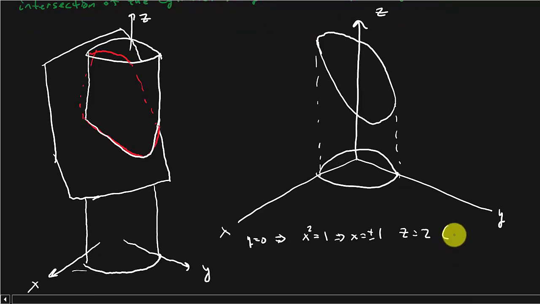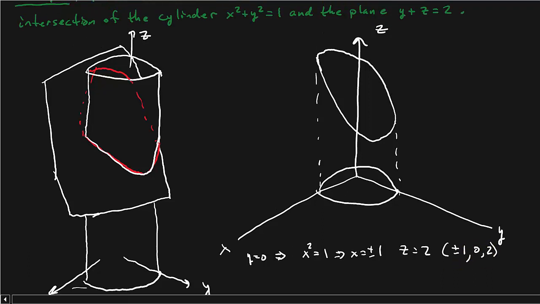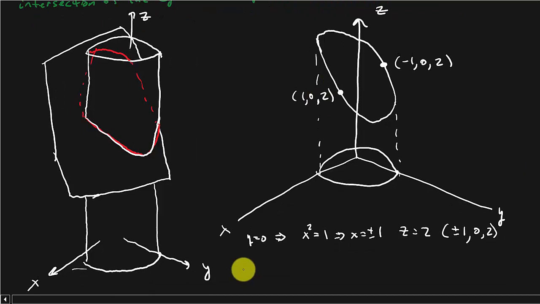So that gives me the points plus or minus 1, that's x, and then y is 0 and z is 2. So I've got the points 1, 0, 2 and negative 1, 0, 2. And if I plot that, that's going to be like this point and this point right here. This is negative 1, 0, 2, and this is the point 1, 0, 2.